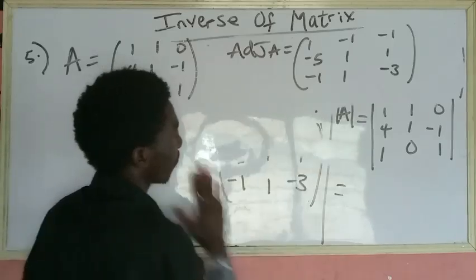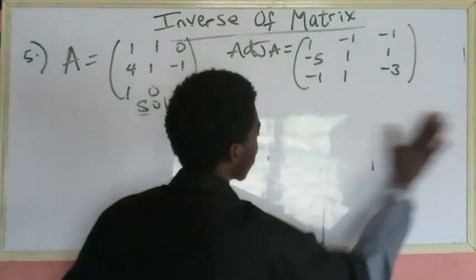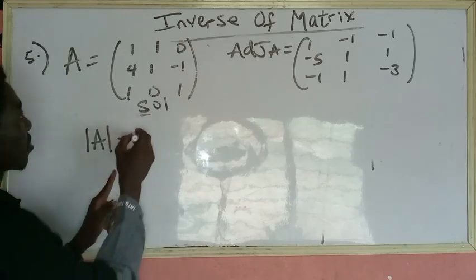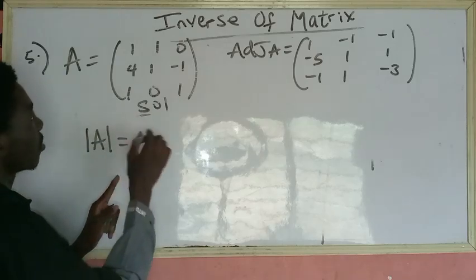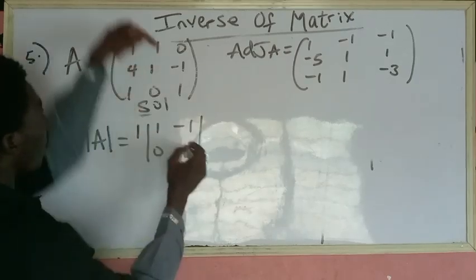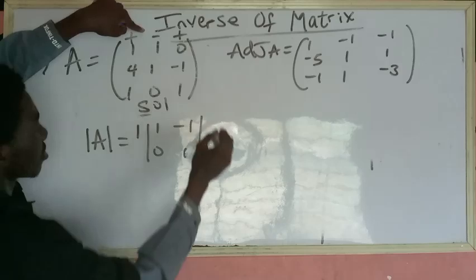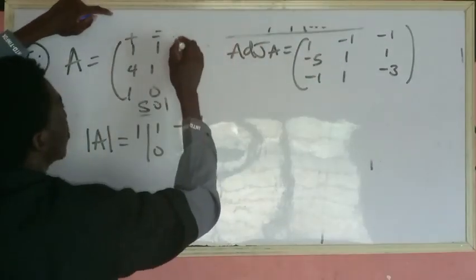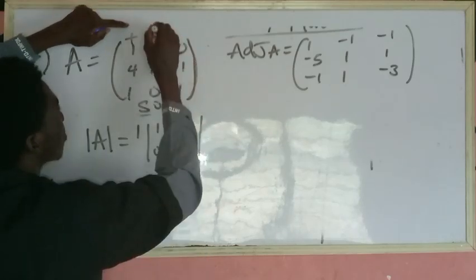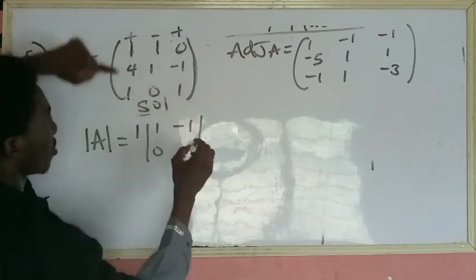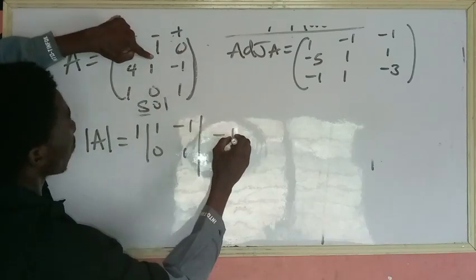So I'll clean this off. The determinant of A will be equals to 1, 1, 0, minus 1 and 1, 1. You will use plus, minus and plus. So I'll clean this off. For the 0, I have a plus 1, 1. So you have a minus 1 of minus 1.